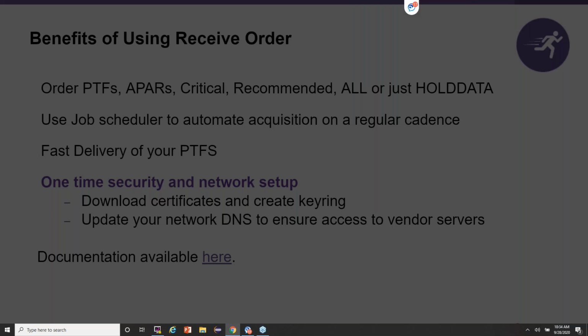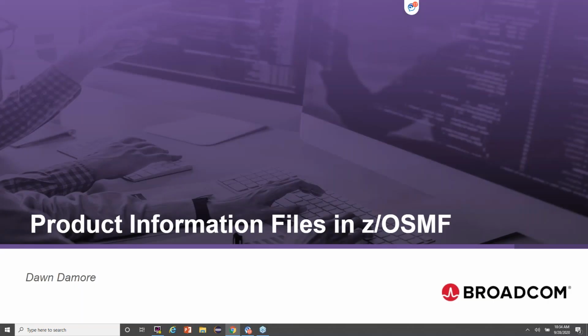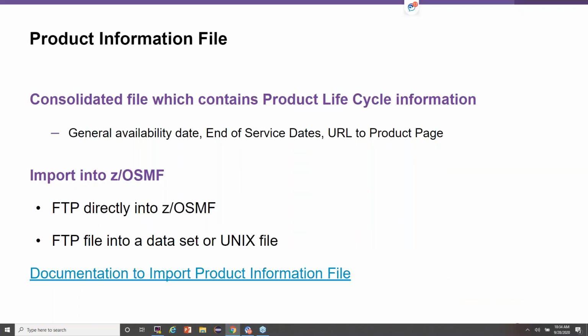The other thing I wanted to mention is we're providing product information files. For those of you who aren't familiar with them, the product information file contains product lifecycle information such as GA date, end of service date, and there are URLs to product pages.